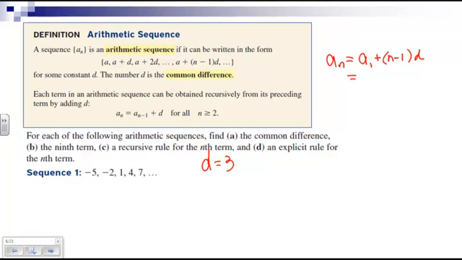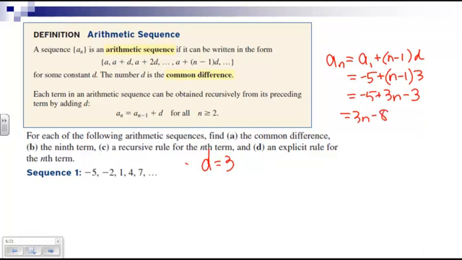And then you say something like this: a sub 1 in this example is -5. D was 3, so -5 plus 3n minus 3, or 3n minus 8.